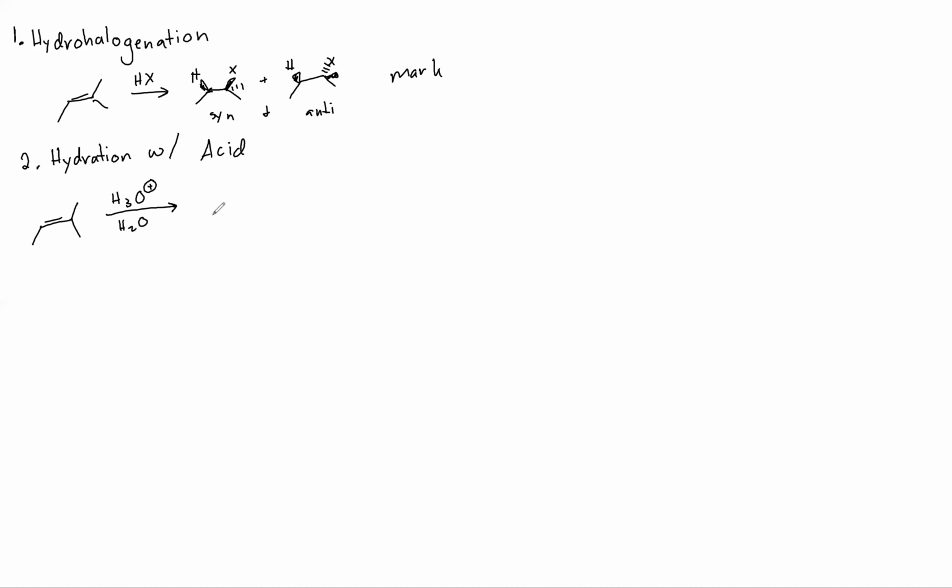We end up adding syn and anti and Markovnikov, just again. Sorry, meant to write an H there, but I started writing an O. OH, methyl group right here, and hydrogen right here. So we have syn and anti, and this is Markovnikov.